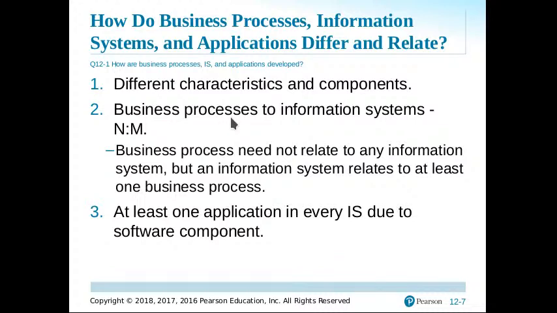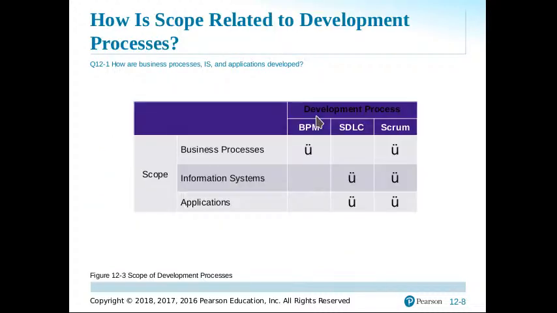Alright, so that's the first thing we can observe here. And similarly, for information system and software application, each information system may have one or multiple software applications. Okay, and each software application may support one information system or may support multiple information systems. Okay, so that's something we can observe here.